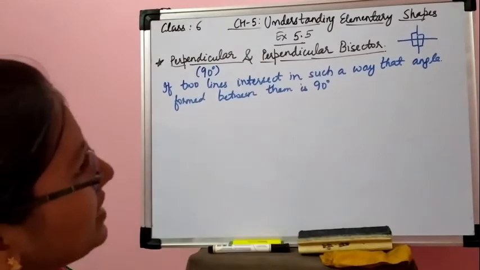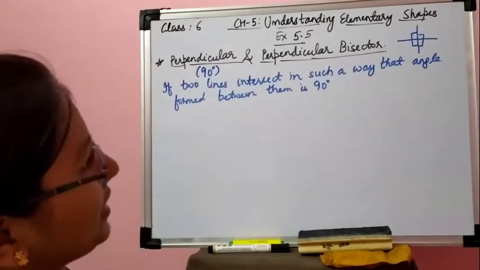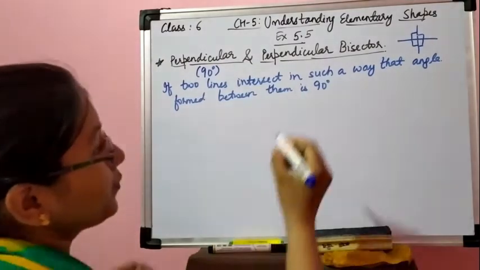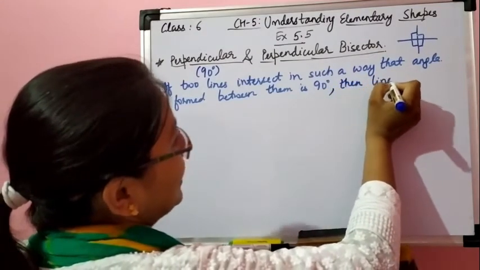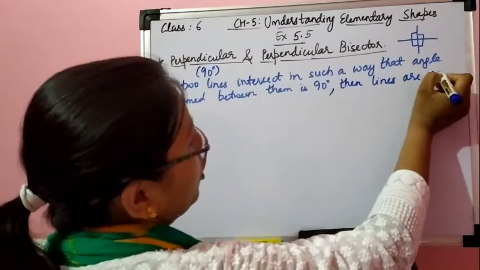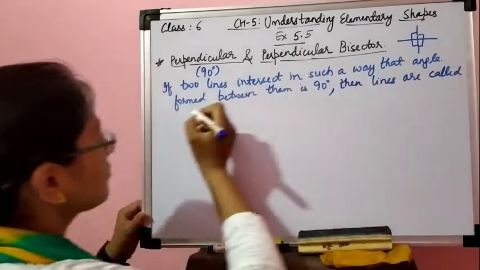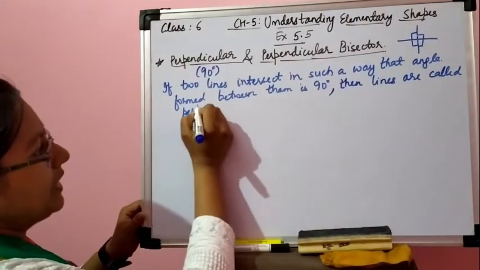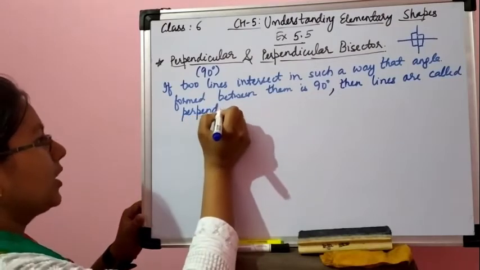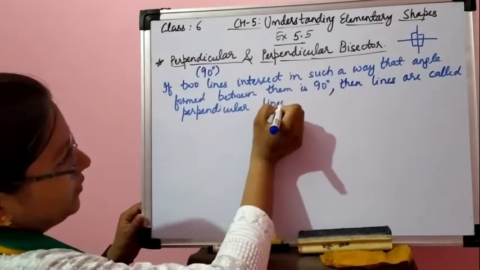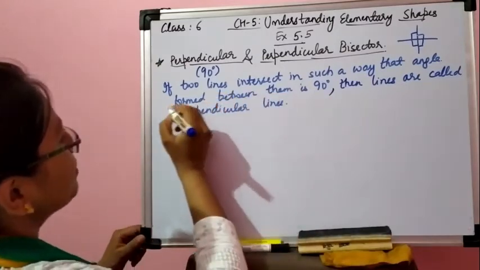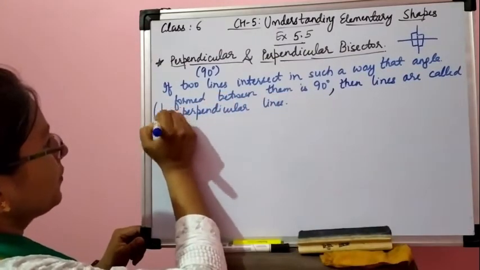So if two lines intersect in such a way that the angle formed between them is 90 degree, then the lines are called perpendicular lines. This is the symbol for perpendicular.